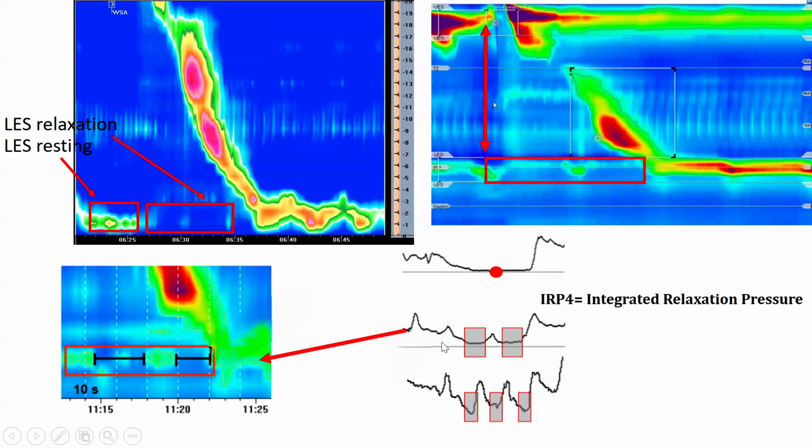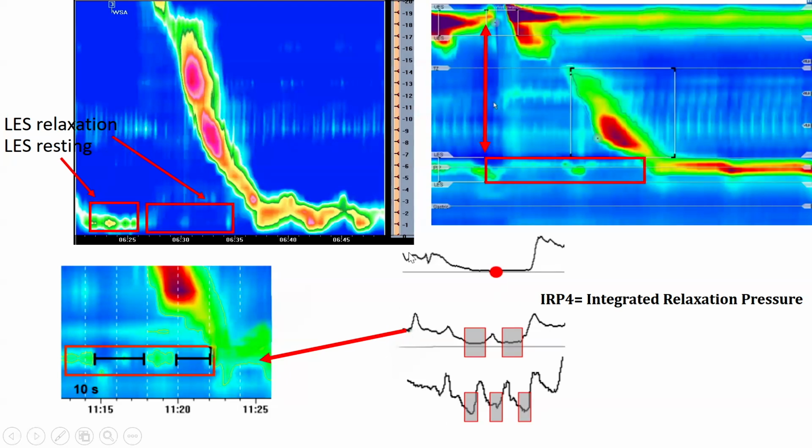Either the 4 seconds is continuous like in this case, or it could be maybe 2 seconds here and 2 seconds here, a total of 4 seconds, and the software will average both values. Or it could be, let's say, 1 second here, 1 second here, 1 second here, or 2 seconds, so the total will be 4 seconds.